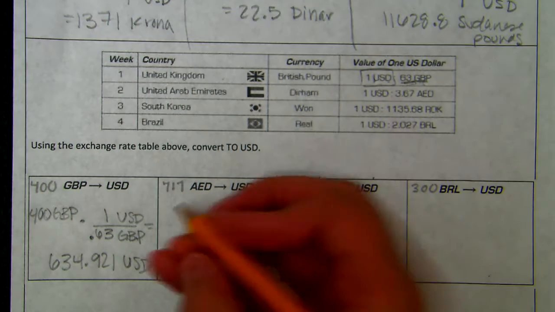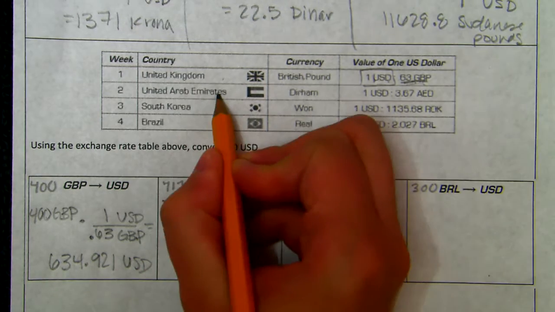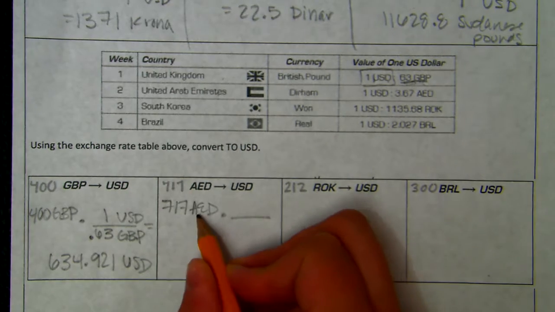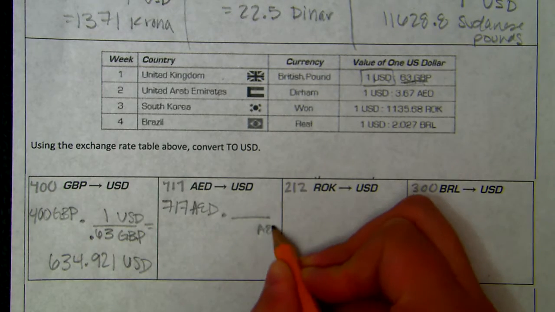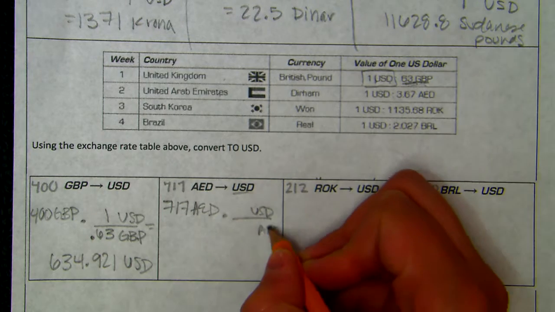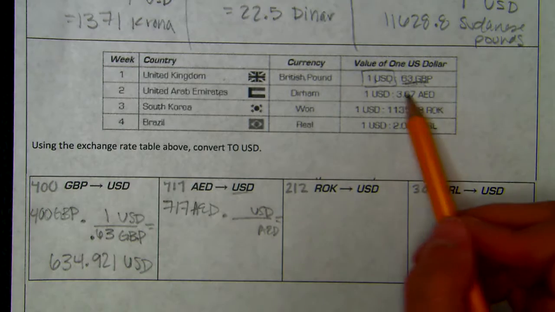So I have 717 AED, which is United Arab Emirates, I think that's the dirham. So if I have AED on top, I'm going to put AED on the bottom, and I'm converting to US dollars. So that's going to go in the numerator of my second fraction over here. So let's look at the conversion.